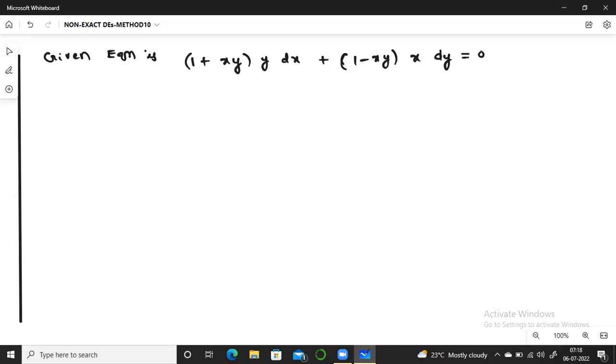Now what is the integrating factor we got? 1 over 2x squared y squared. You multiply the whole equation with this integrating factor.